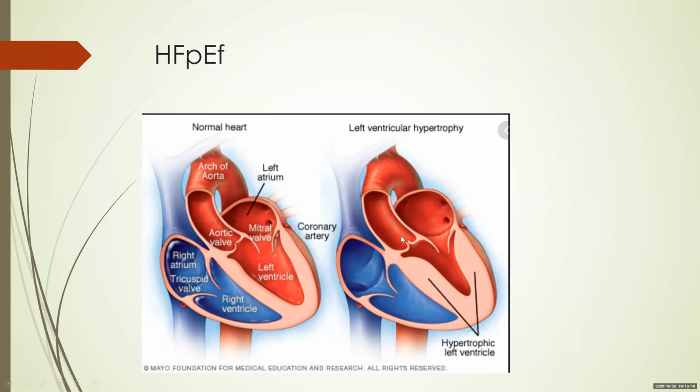This is called a narrow preload reserve. So in a significantly hypertrophied left ventricle, the LV has a narrow preload reserve. That means small increases in blood volume can have dramatic effects. A small increase in blood volume can cause pulmonary edema. A small decrease in blood volume can cause profound hypotension.